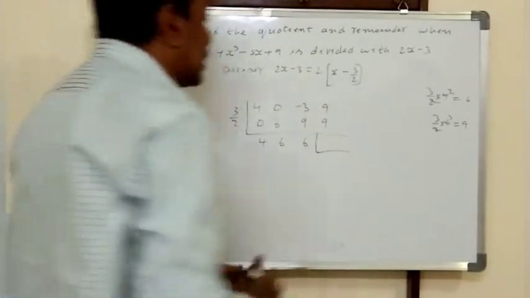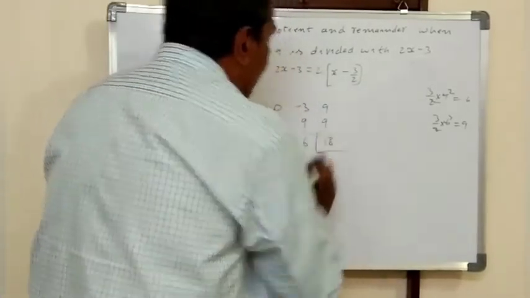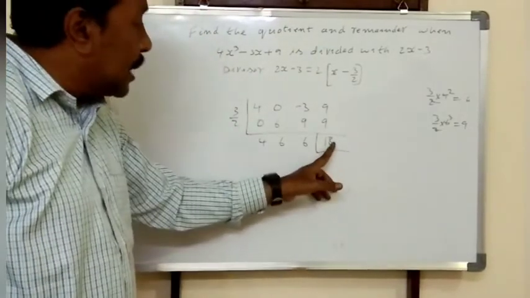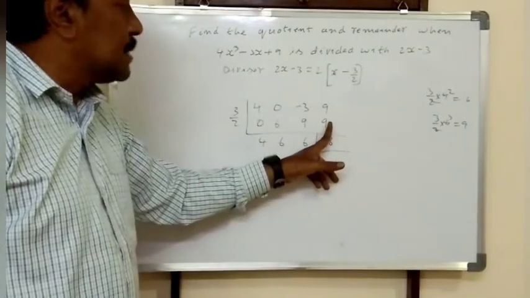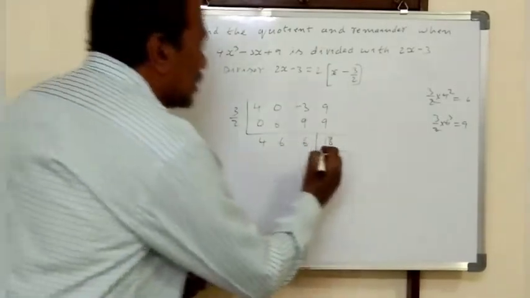I kept 6 there by mistake. 9 plus 9 is equal to 18. Actually I have to get 18 here because we got the remainder 18. So this is the remainder.